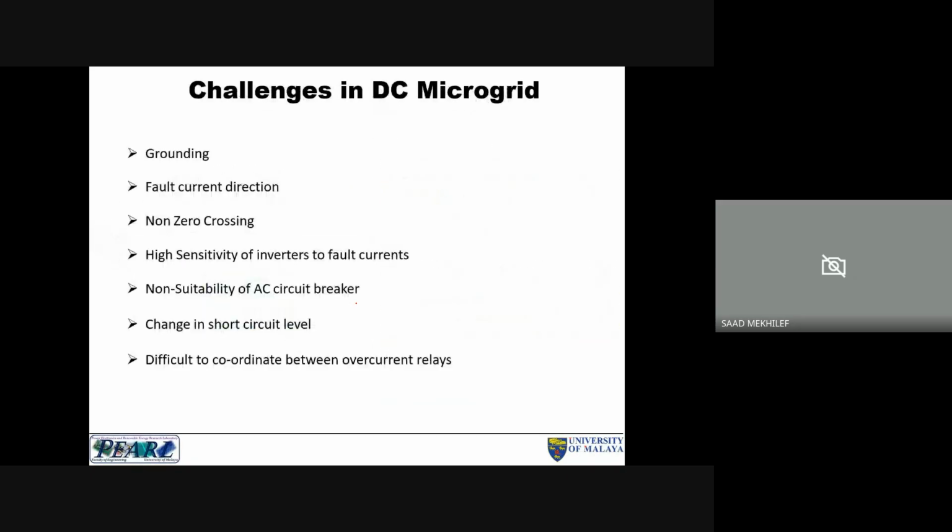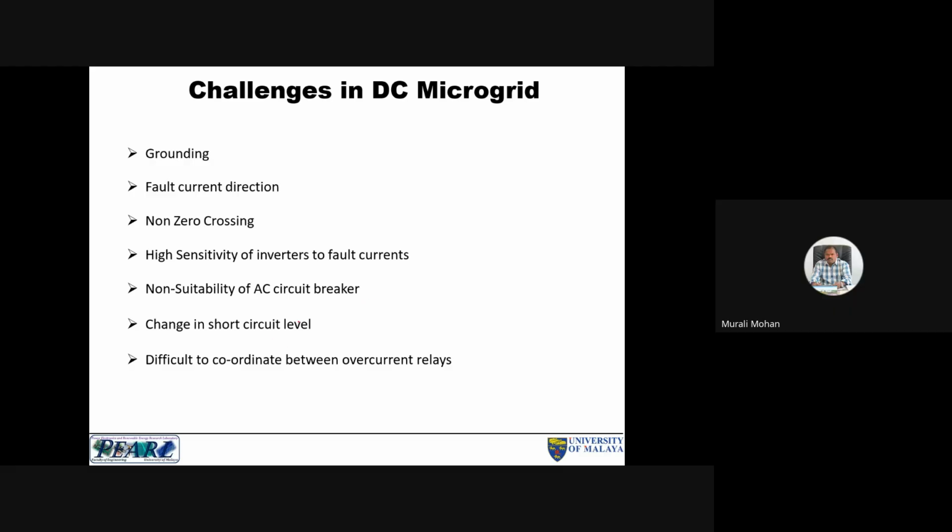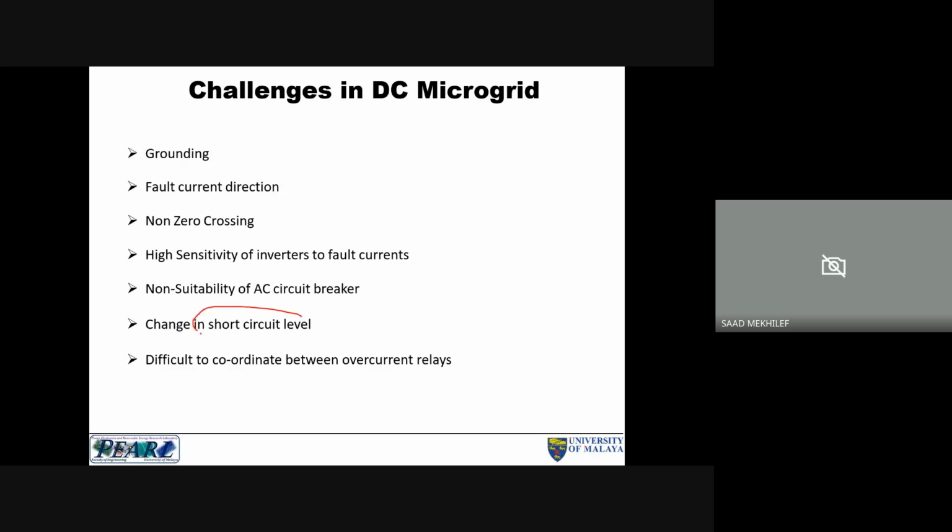So how about the DC microgrid? In DC microgrids, there are other challenges. Some of them may be similar or related, for example the short circuit current. One of the issues is the grounding.